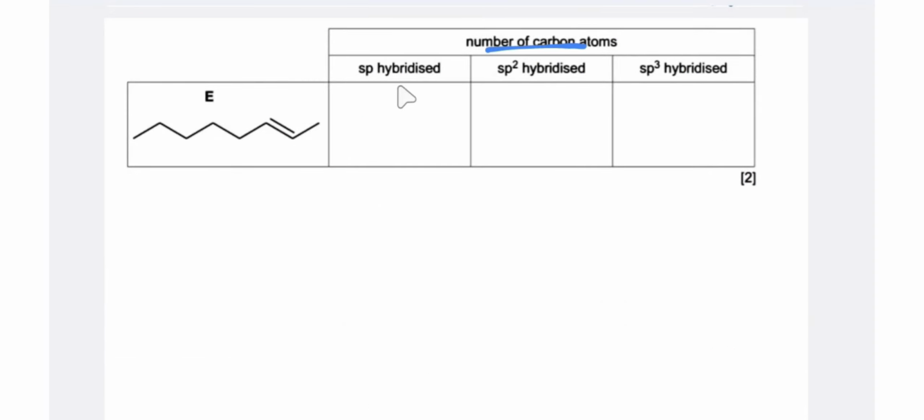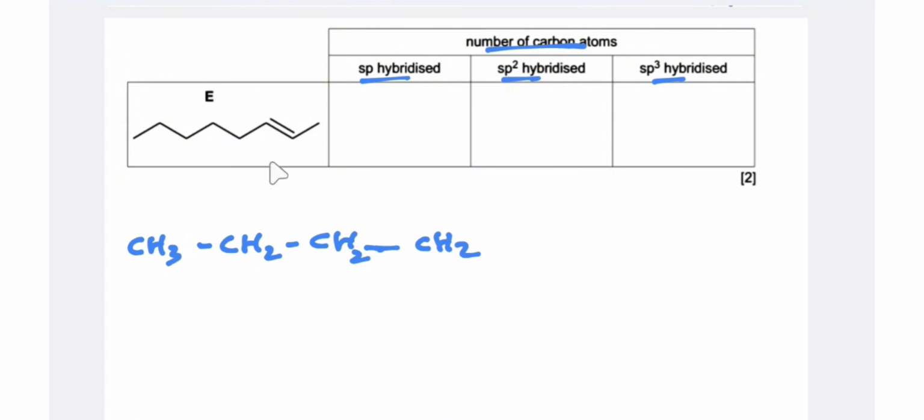Now, the number of carbon atoms that are sp2 and sp3 hybridized. If we draw the structure, it would be CH3, CH2, CH2, CH2, CH2, CH2, then CH=CH, then CH2 and CH3.